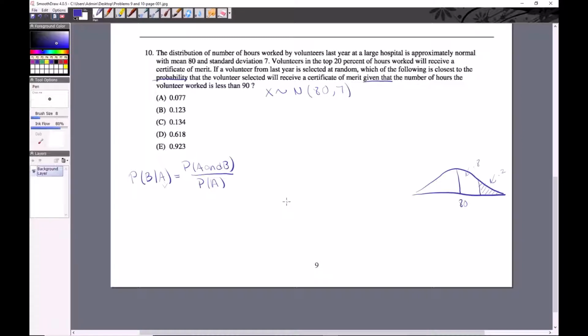Winning a certificate of merit, or earning one, and working less than 90 hours. So given that the number of hours worked is less than 90, I'm going to let that be my event A. So it'll show up here and it'll show up here. So A is the event of working less than 90 hours.